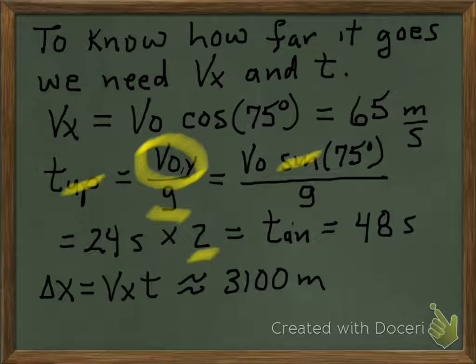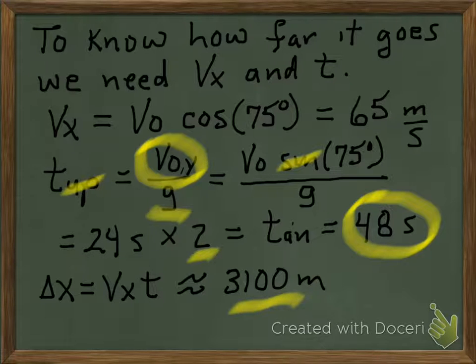Times the 2 gives us the time in the air, so we're looking at roughly 48 seconds. So if we use 65 and 48 seconds, multiply those, and we get roughly 3,100 meters.